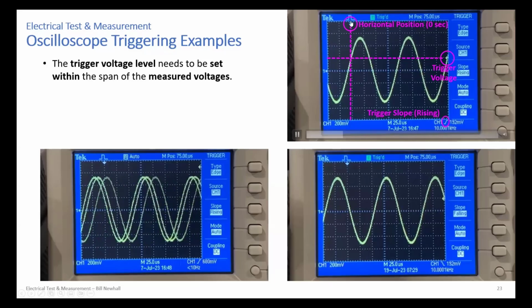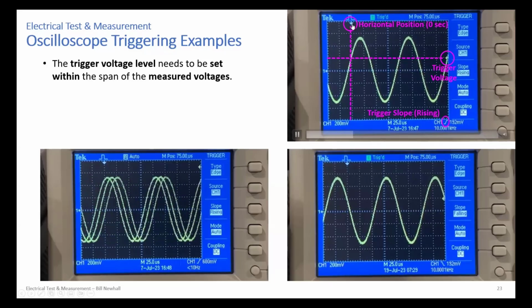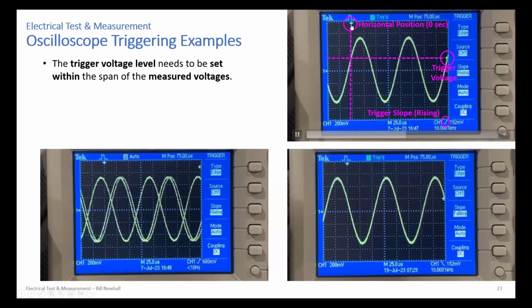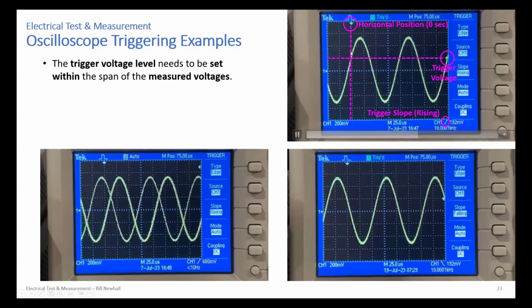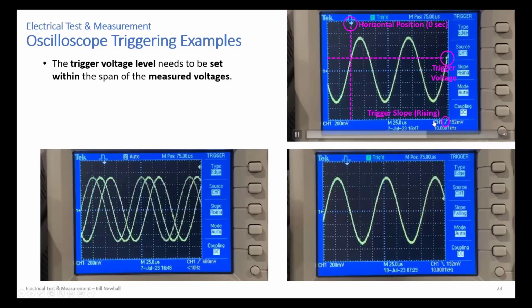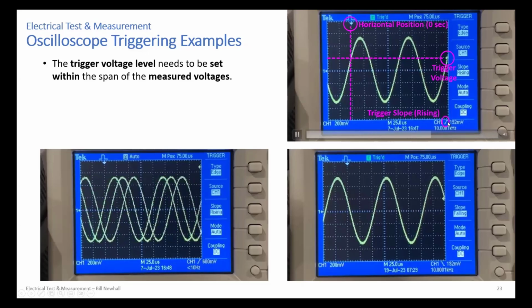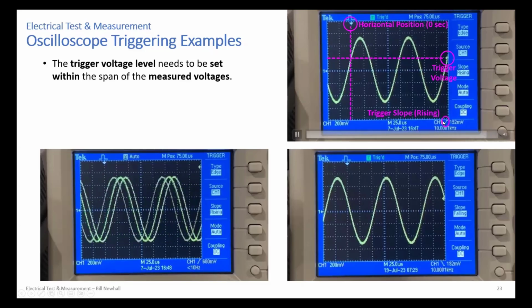You can see the horizontal position, that's time 0, where the trigger happens. And there's the arrow right there. And so you can see the trigger voltage crosses that 0-second position right there. Okay, and then I'm also triggering off of a positive slope. You can see the symbol in the lower right. That means a positive slope. It's going from low to high.